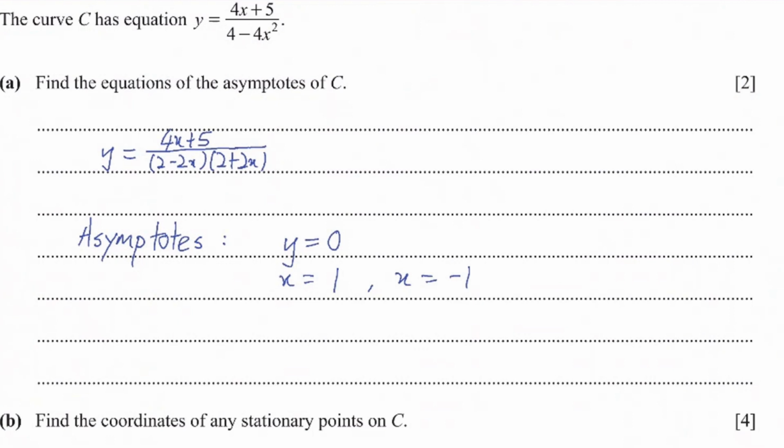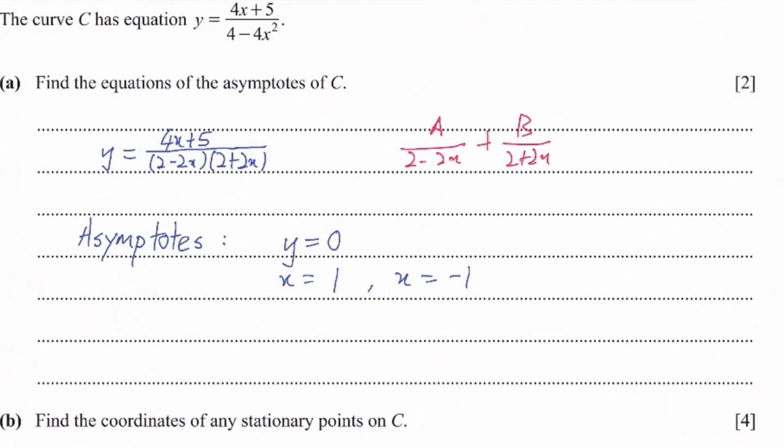For this one, we know that we could change it into the partial fraction, but sometimes we might not need it. Sometimes we might need it. Okay, it depends. But the important thing that we want to look at here is the asymptotes. So if we change that into the partial fractions, then we are getting something like a constant over 2 minus 2x, plus b over 2 plus 2x.